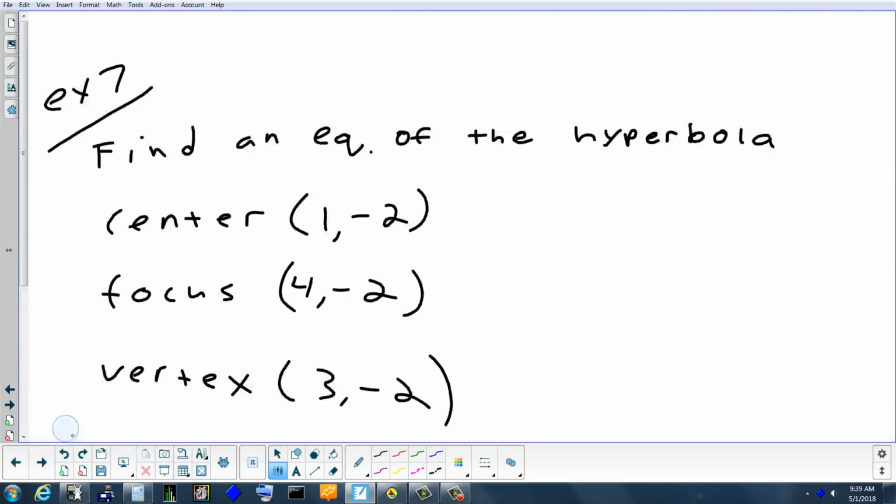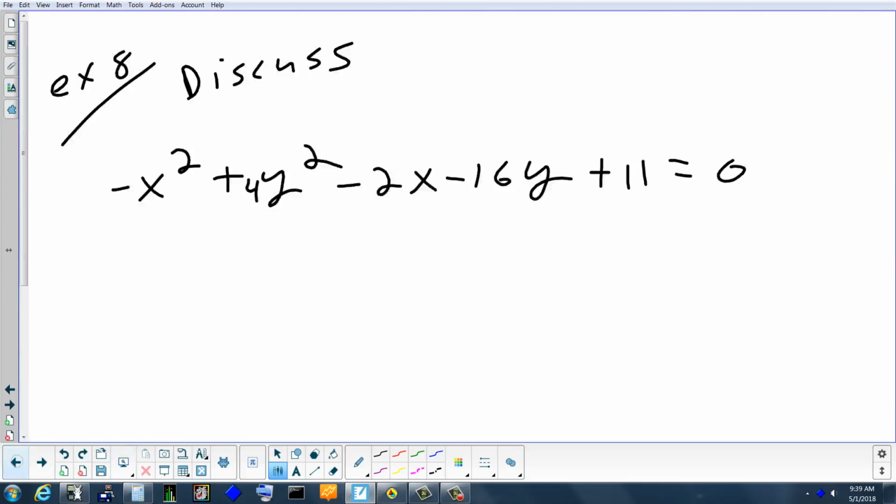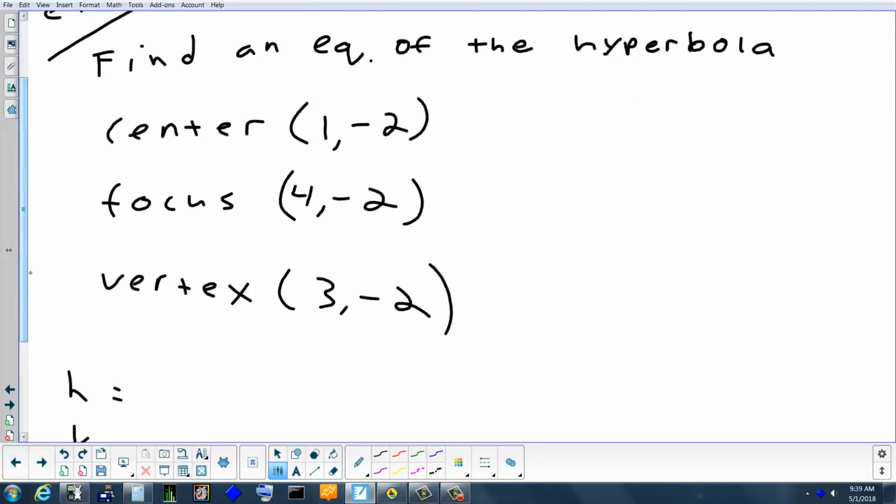Okay, so let's try this one. Let's find the equation of the hyperbola where the center, focus, and vertex are given. All right, let's figure out which way the transverse axis goes right away.